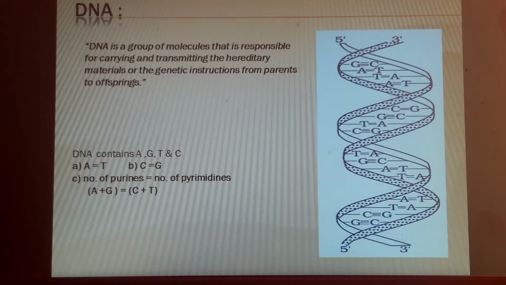And the strands are complementary to one another. Complementary in the sense that if guanine is present at a position in the first strand, then at the same position in the second strand, cytosine will be present. That sequential order is responsible.